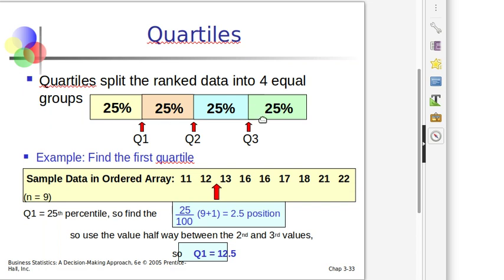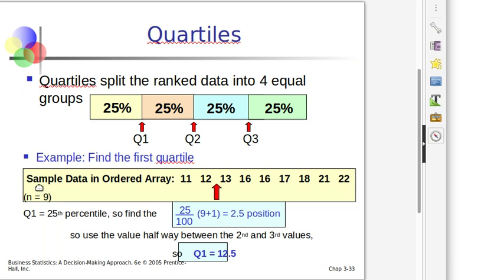Altogether, they comprise 100%, right? The first quartile is this region here. The second quartile is this region, while the third quartile is in this region.